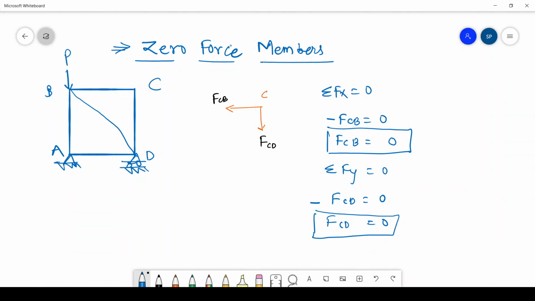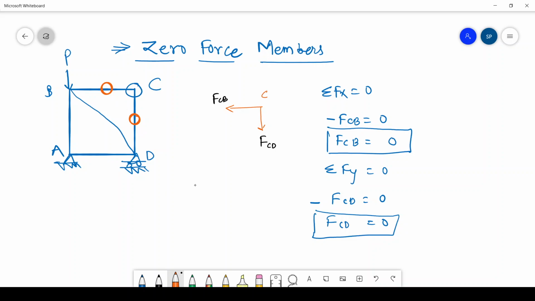So this is one joint, typically a corner joint. When there is no load acting at this joint, both these members will carry zero force. How? We have just seen that. If you simply apply equilibrium conditions to this joint C, member force CB and member force CD become 0.